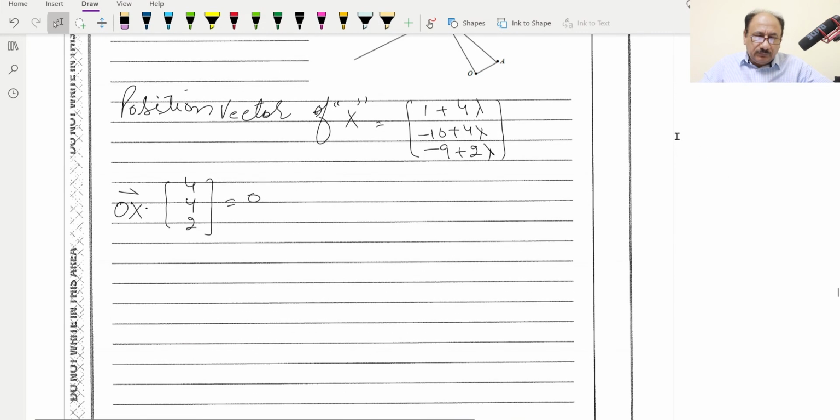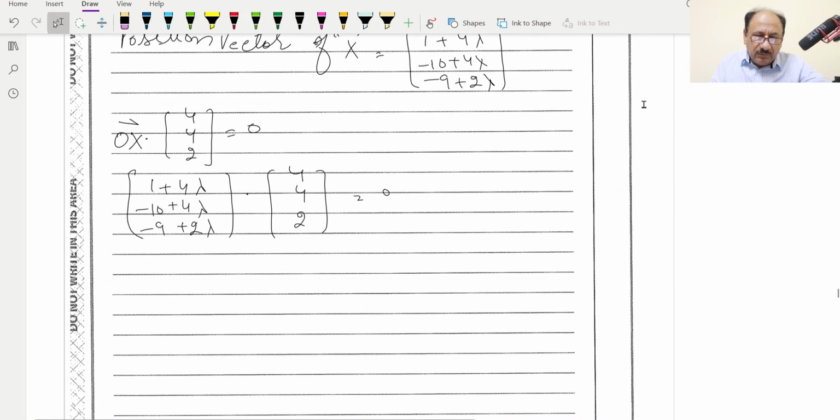So we can replace the OX value. The dot product of these two is 0, so we replace this one: 1 plus 4 lambda, minus 10 plus 4 lambda and minus 9 plus 2 lambda, dot product with 4, 4 and 2, and this should be equal to 0. Now we can take the product.